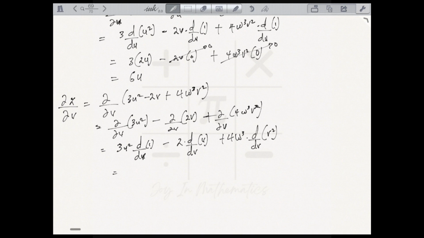And this will give you 3u squared multiplied by 0, minus 2 multiplied by 1, plus 4w cubed multiplied by 2v. And our answer will be minus 2, because the first term nullifies to give 0, plus 8w cubed v.